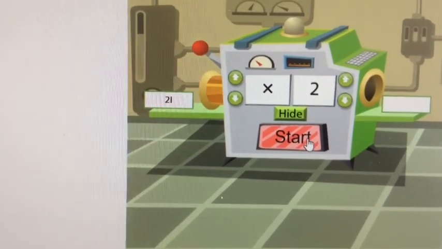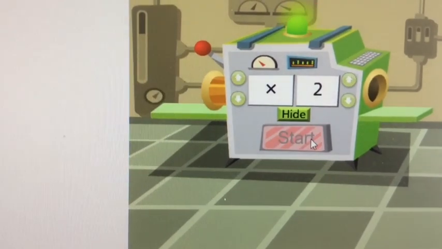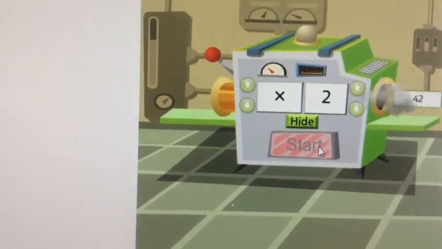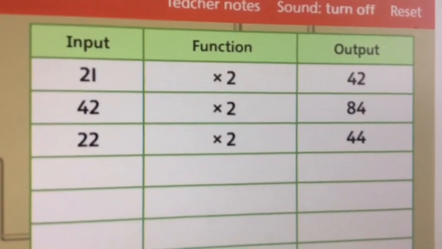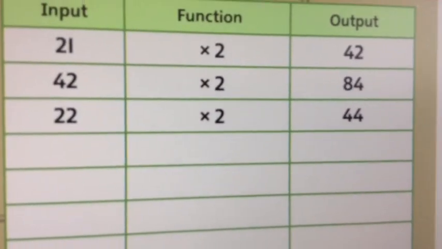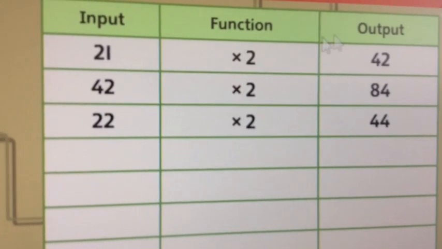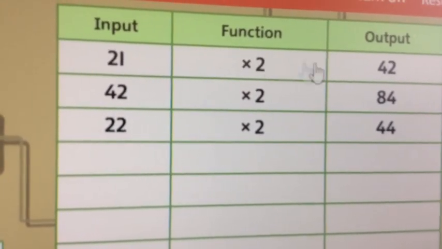What about doubling 21? Can you see the answer before the machine pops it out? 42. Look. You can see if we double numbers, the numbers are getting bigger obviously, but halving is connected, isn't it?